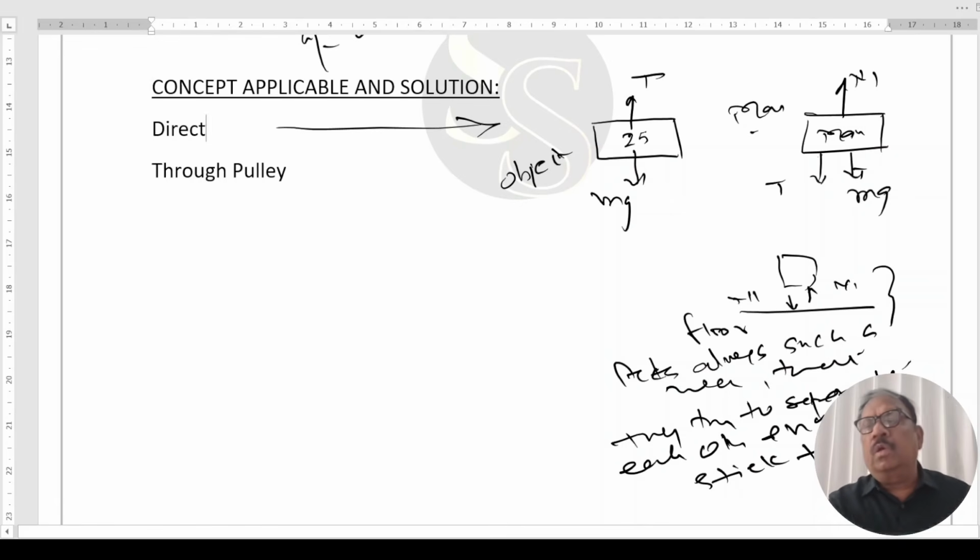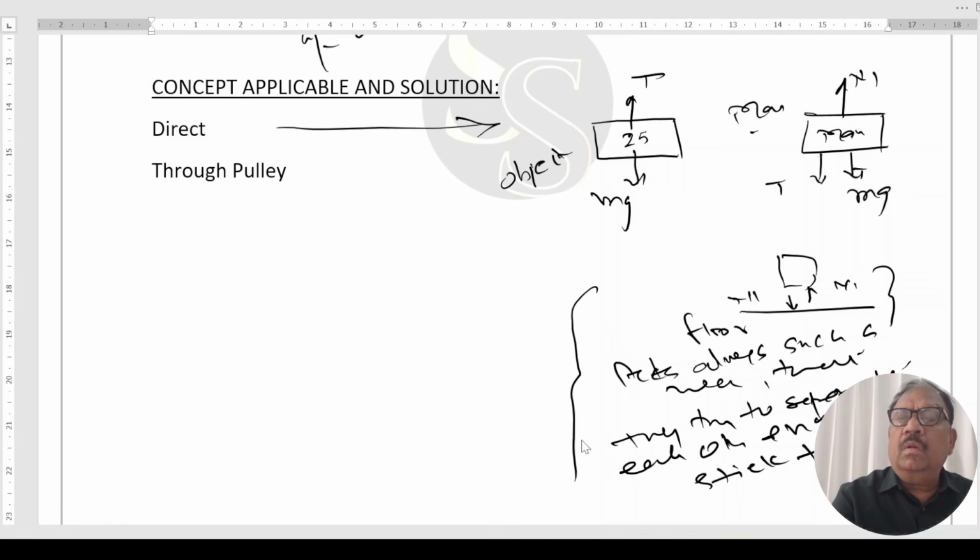Not to stick together. So this is clear. The normal force exerted by the floor on the man is N1, and N1 is also the force exerted by the man on the floor.